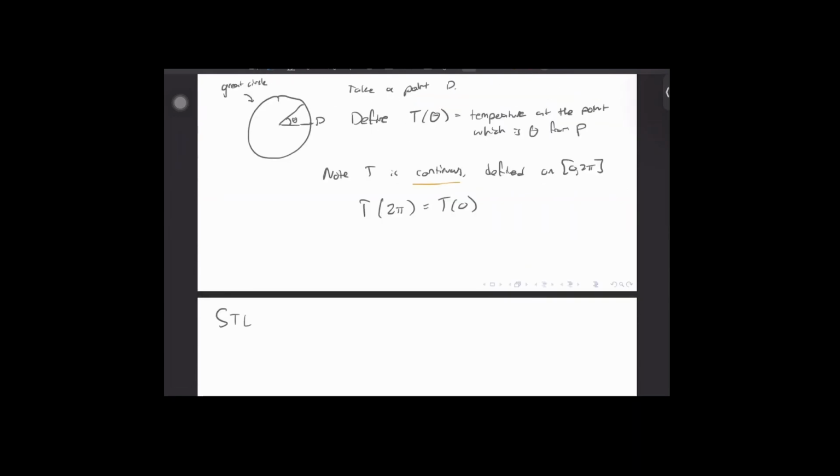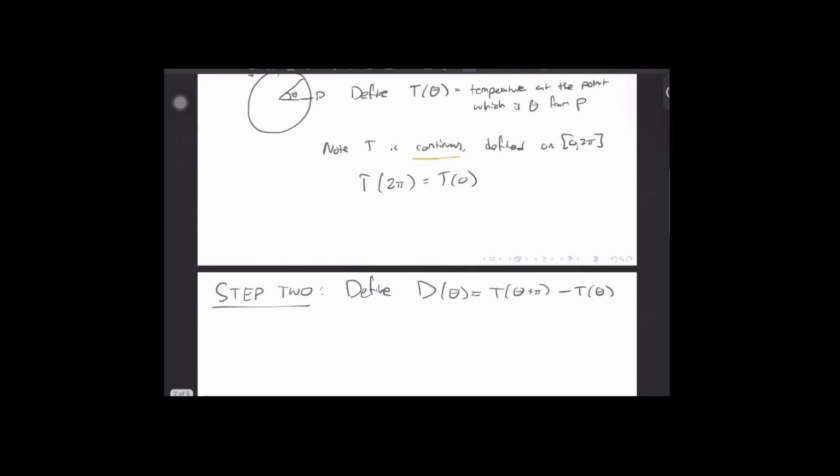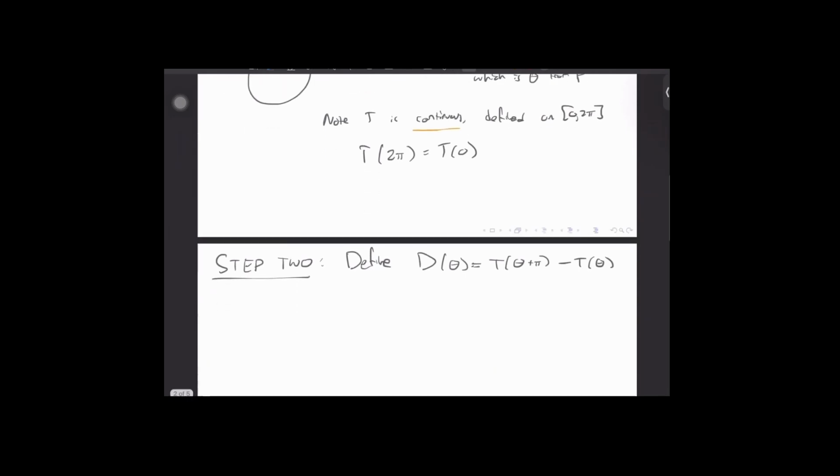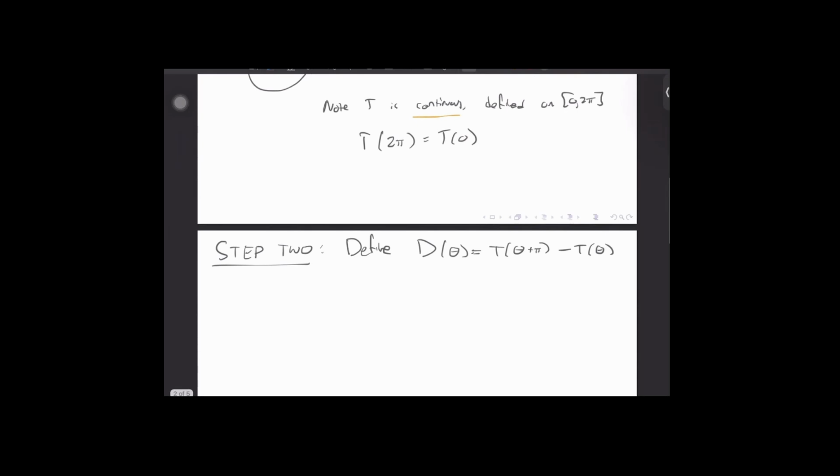Step two, define a function d to be the difference of T of theta plus pi and T of theta. Okay, why am I doing that? Well, let's draw another circle. So let's say I have some P and we have some theta here.